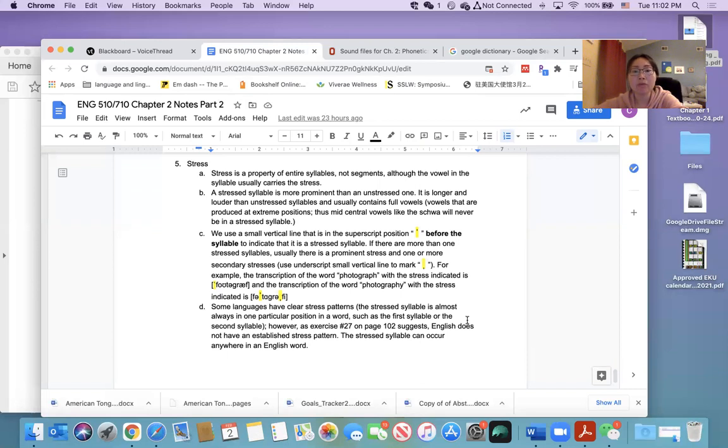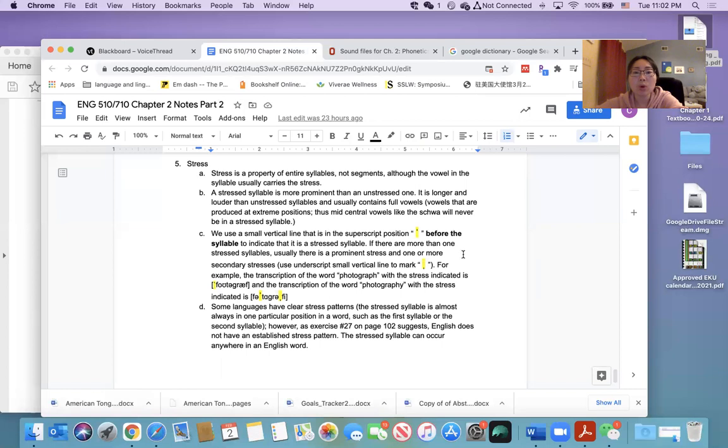Okay, so full vowels are vowels that are produced at extreme positions. Okay, mid-central vowels like the schwa will never be in a stressed syllable. If you see a schwa, then it's always going to be unstressed. And we use a small vertical line in the superscript position before the syllable to indicate that it is a stressed syllable.